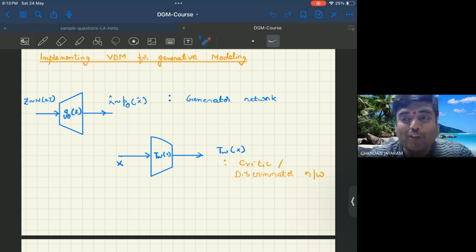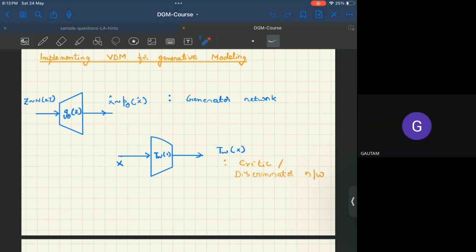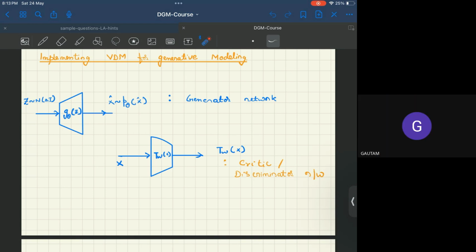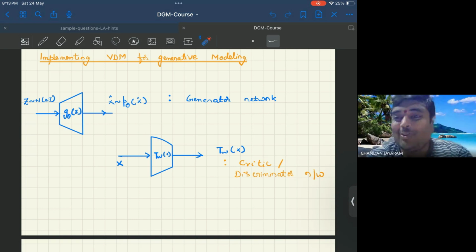Have you watched a movie called A Beautiful Mind? Yeah, I watched it a long time back. Do you know the name of the hero? He is Nash. Yes, Nash equilibrium. Now, can you relate the saddle point problem and Nash equilibrium?